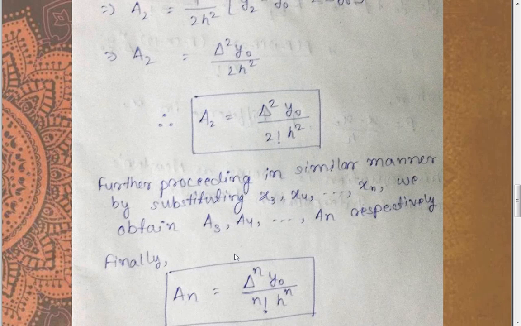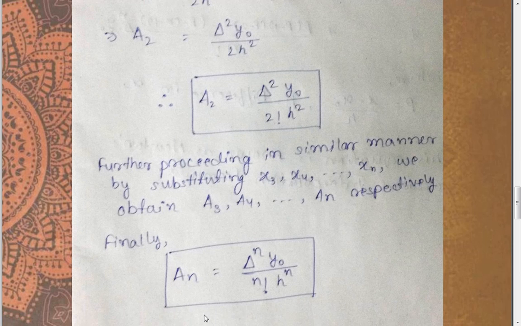Further proceeding in this similar manner by substituting the values of x to be x3, x4, dot dot dot up to xn, we obtain the values of a's. So we can generalize this whole thing into a generalized expression for n, which is given by a of n is equal to del of n y naught by n factorial h of n.